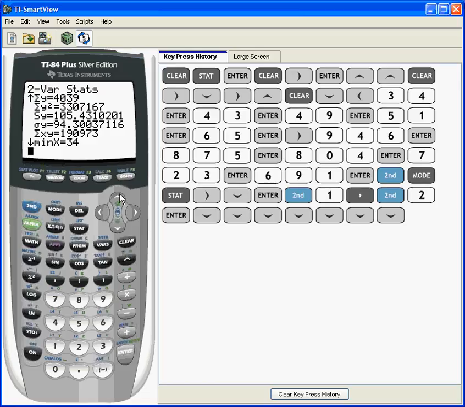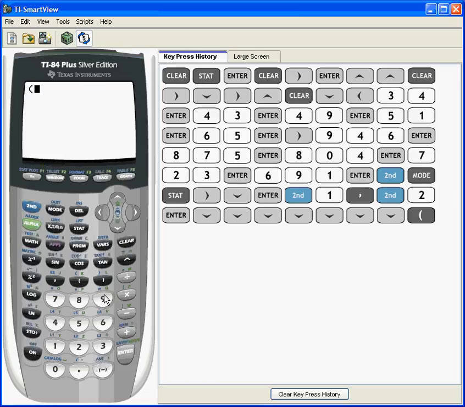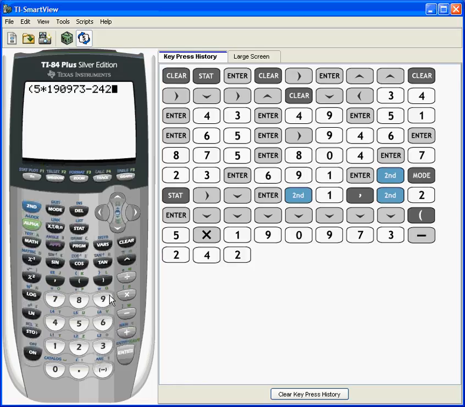as I mentioned, it's really easy to forget a parenthesis or something very, very small. The way I entered it is I did parenthesis 5 times that first sum minus 242, the sum of x, times 4039.